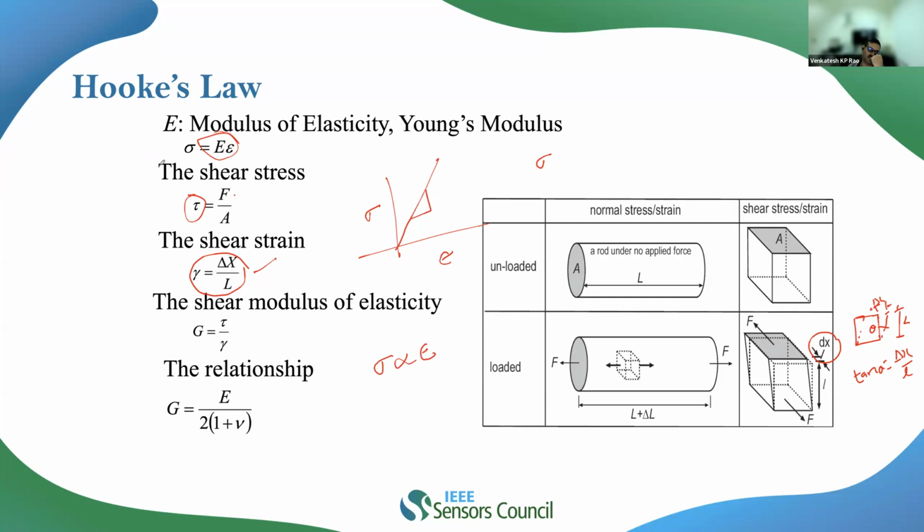For polysilicon, the elastic modulus is typically around 160 GPa. For the 100 orientation of silicon, it is around 130 GPa. For the 110 orientation, it goes even to 190 GPa.